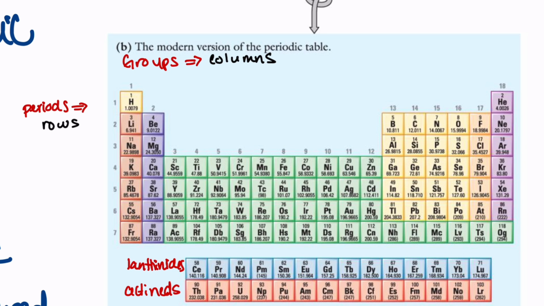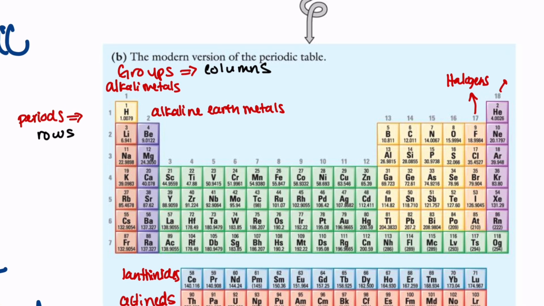Now, group 1 is known as the alkali metals. Group 2 is known as the alkaline earth metals. Then we skip all the way over to group 7 or 17. This group here is known as the halogens. And then finally, group 8 or group 18 is known as the noble gases.